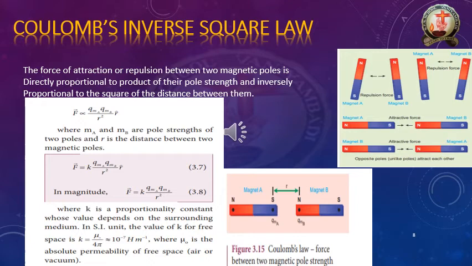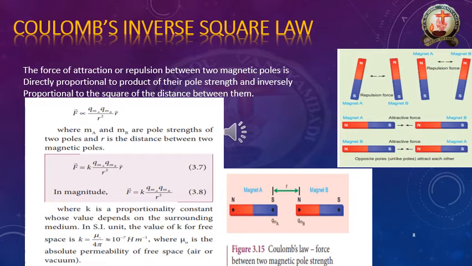Now, like that, in this chapter, as I already told you in the last class, each and every magnet has two poles, south pole and north pole. So here, same types of poles will repel and opposite poles will attract.